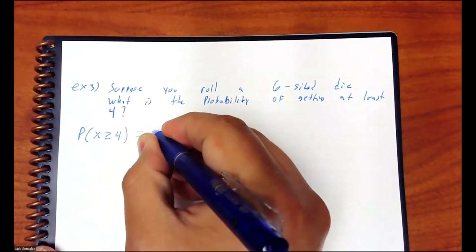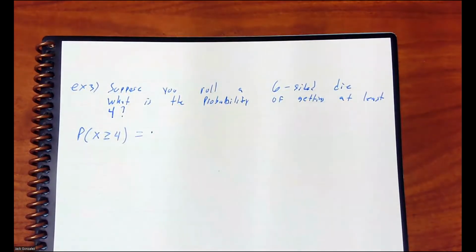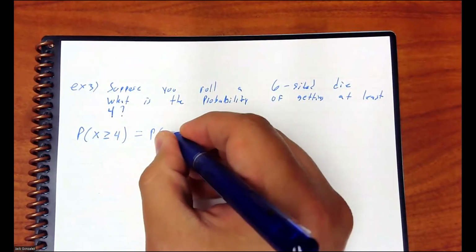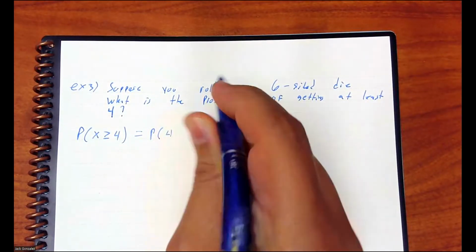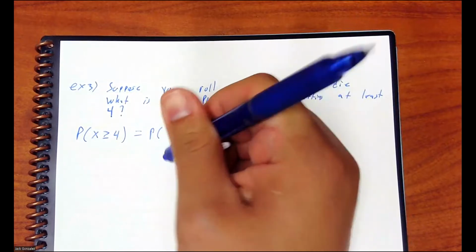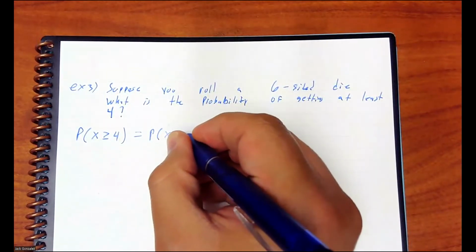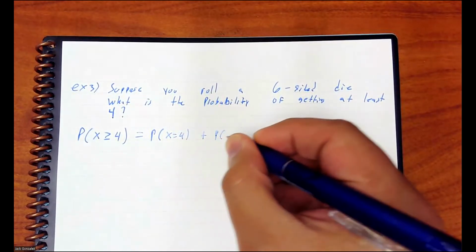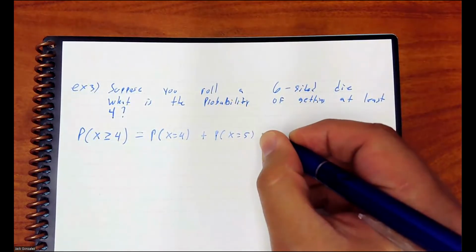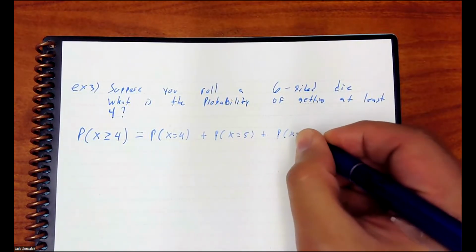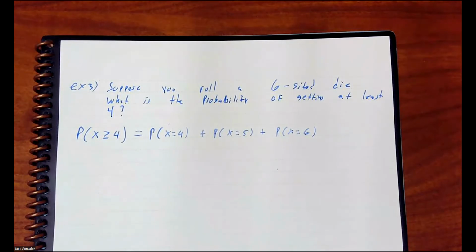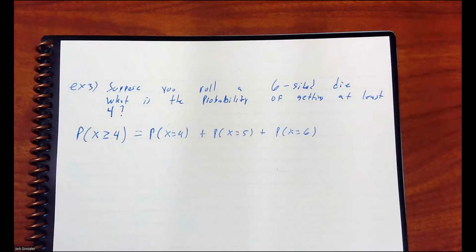So you can think of this in 2 different ways. Probability of 4, you can just do them all separate, add them all up, 4, 5, 6. You can also do this idea of complements.